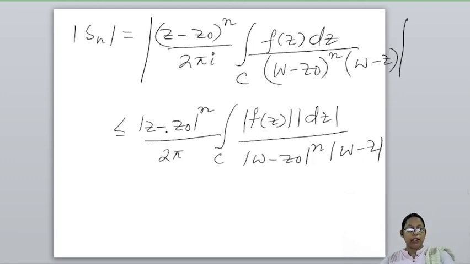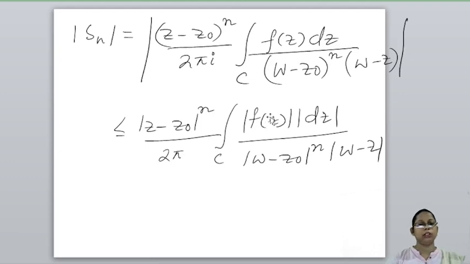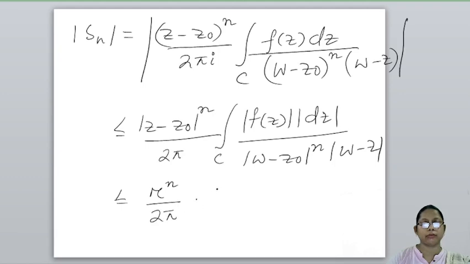Now this value is small r, this value is capital R, and this is capital R minus small r, and f(z) is at most the greatest value, this one is M. So this is further less than or equal to r^n by 2 pi, M by R^n (R minus r).